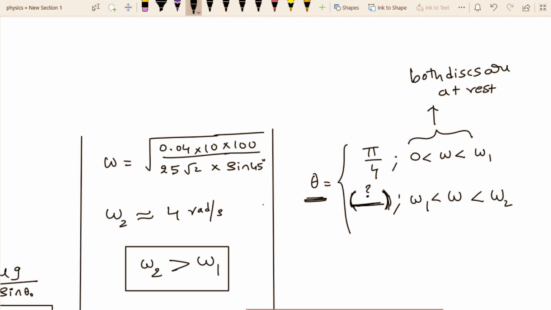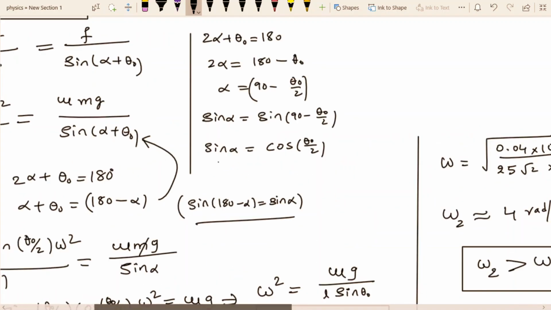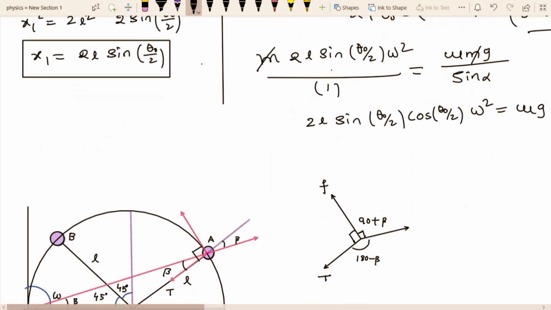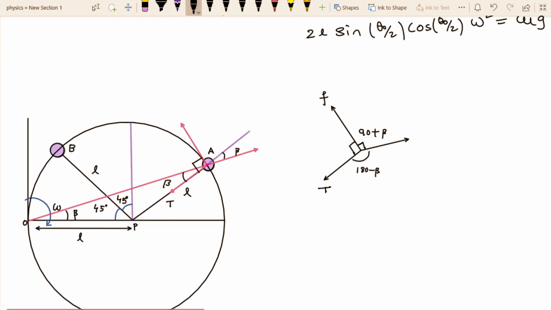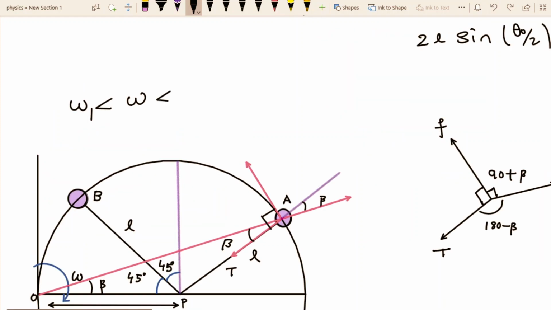Now I have a third diagram for that case. Just see, all of you, this third diagram. We will get this diagram when the angular speed of rotation of the platform is greater than omega 1 and less than omega 2.